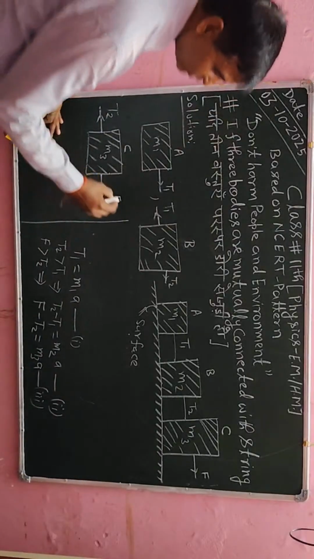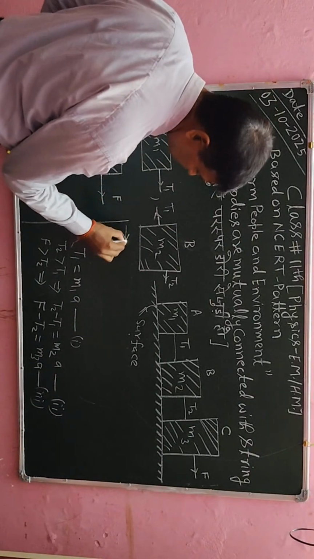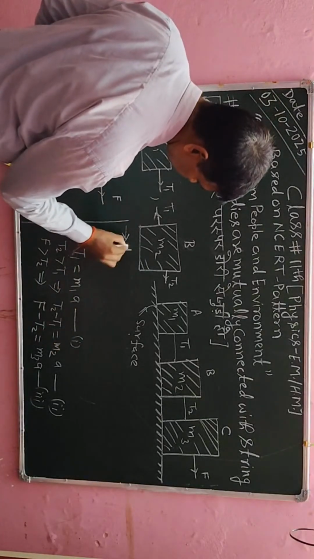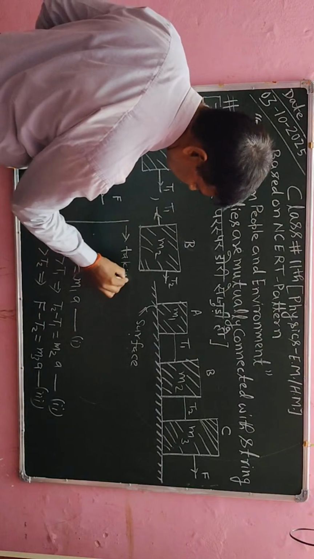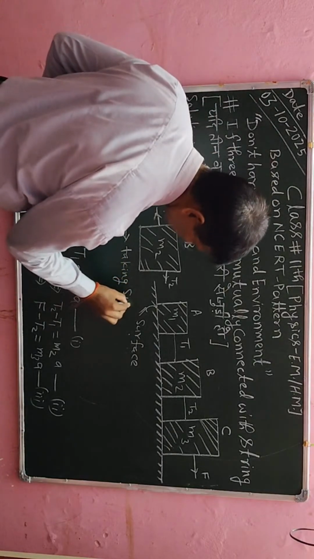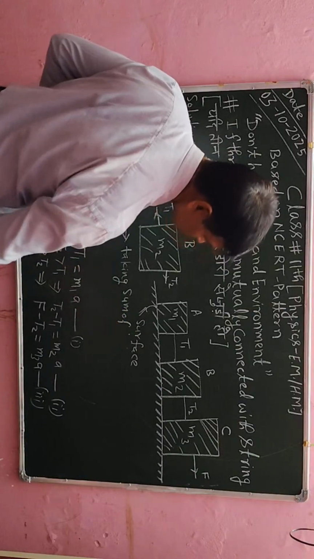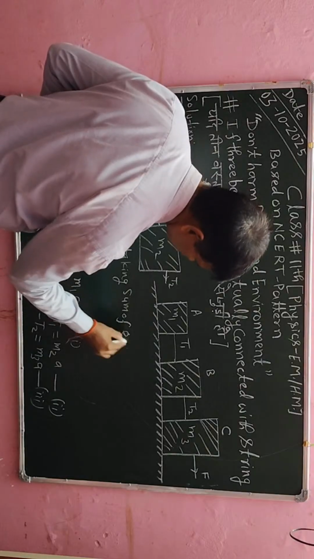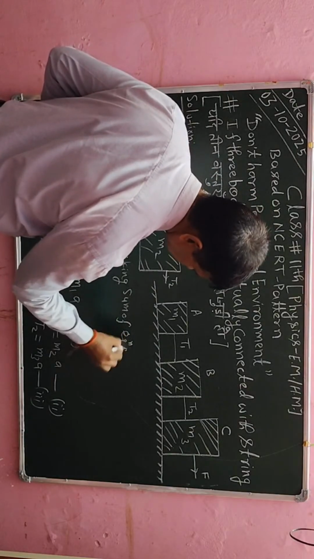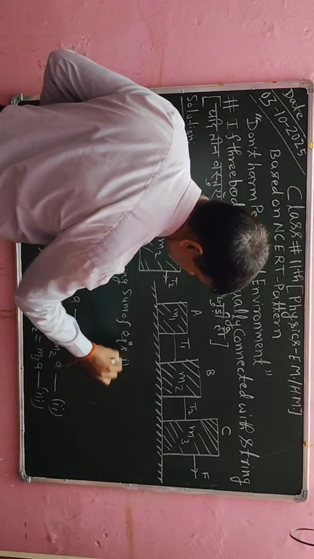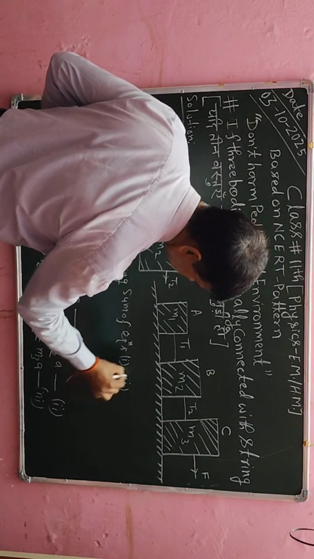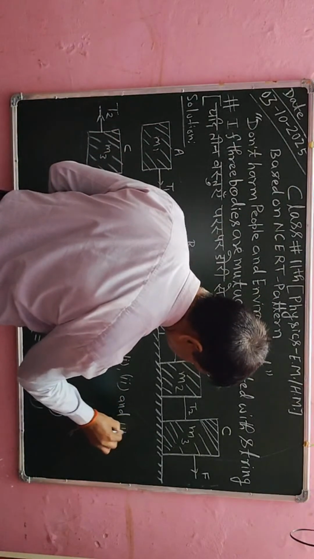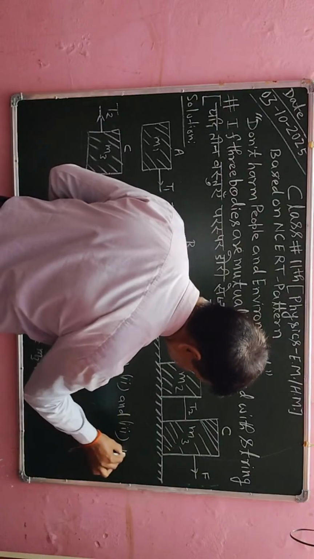Here I will write one statement: taking the sum of equation numbers 1, 2 and 3, we get.